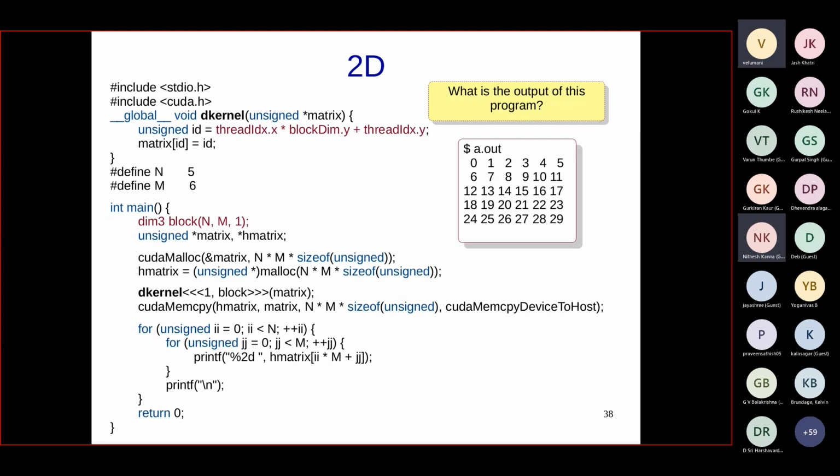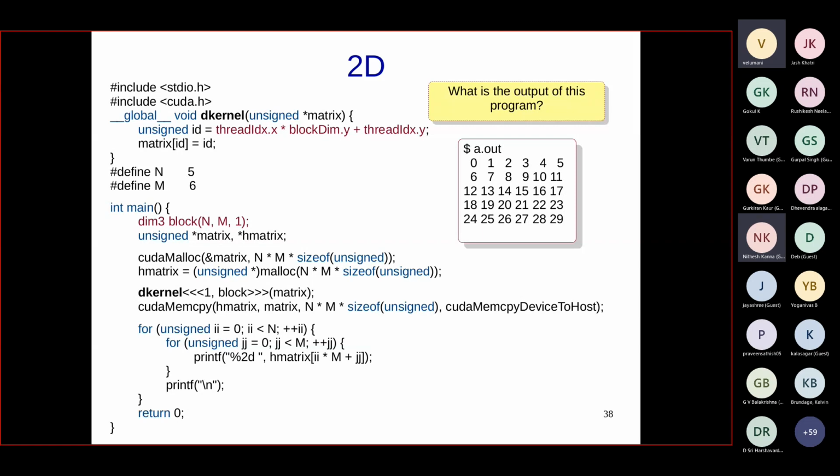We have mentioned threadIdx.x and others in y, sir. But I saw something like threadIdx.x into blockDim.x plus blockIdx.x, like that. My question is how to combine these x, y, and z dimensions to get the unique thread ID, sir.